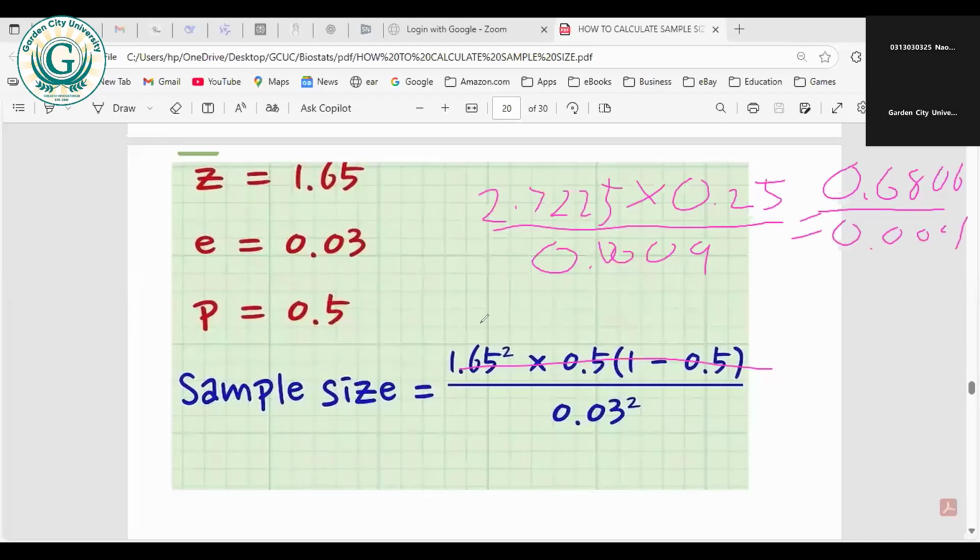And so this is equal to what? 756.25. Good.